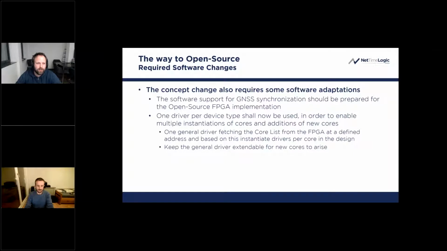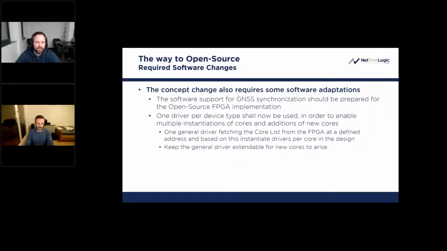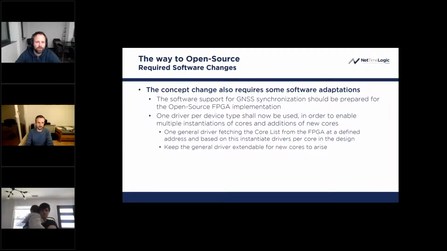Currently it's a one file driver, and we would love to see it split up into multiple ones, with one main driver which fetches the core list and, based on that, loads different drivers according to the cores in the design. This would make it very generic and extendable for new cores to arise.